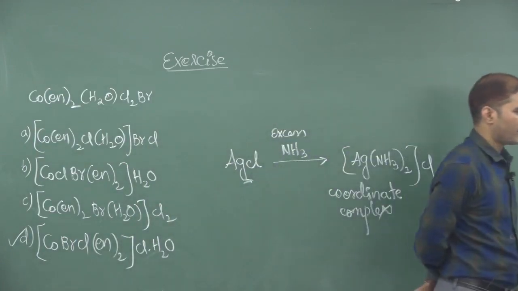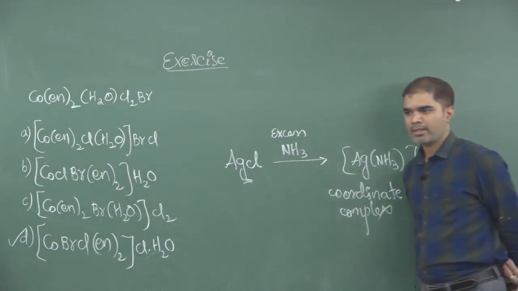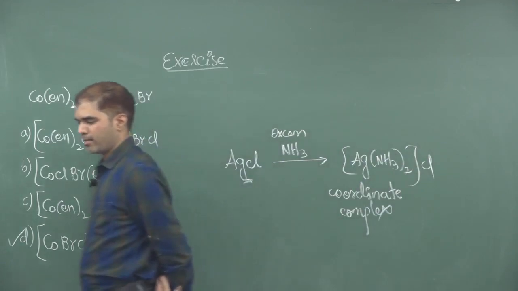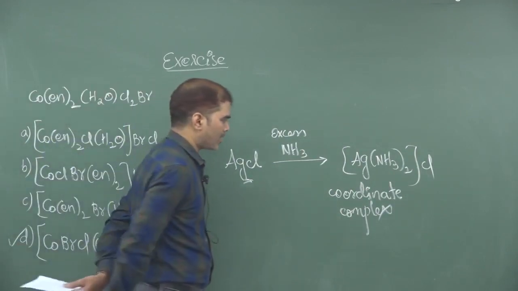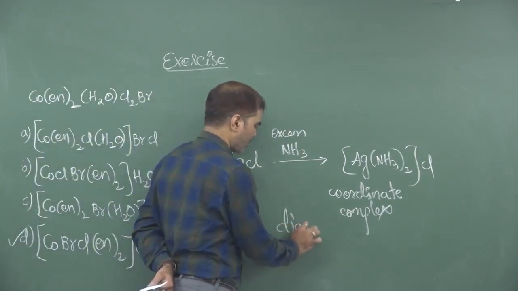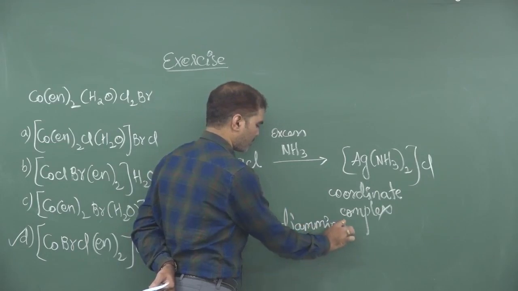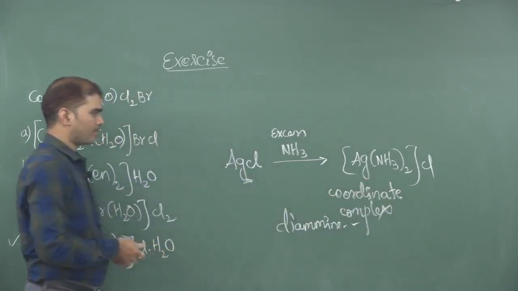What is the name of the complex? Diammine silver(I) chloride. Diammine, with a double M. You have to put double M.